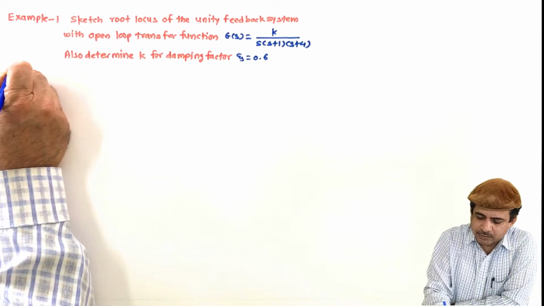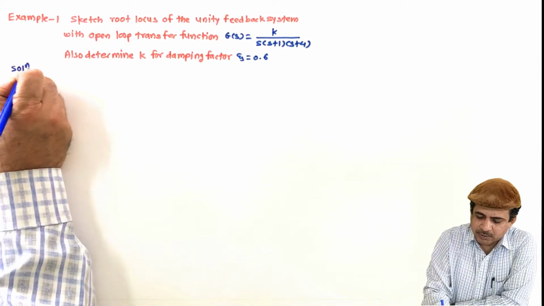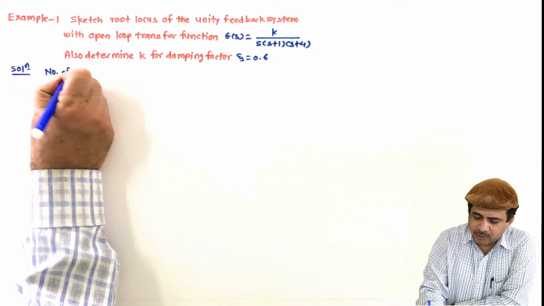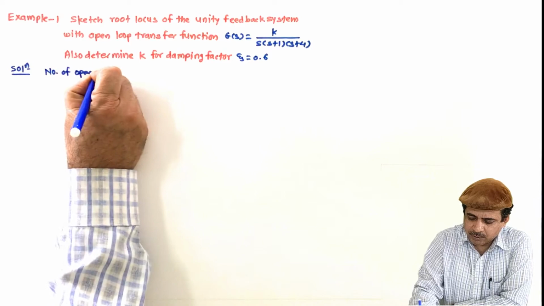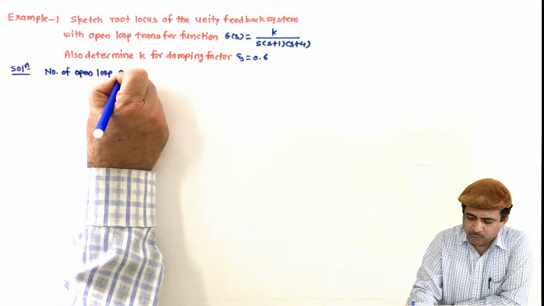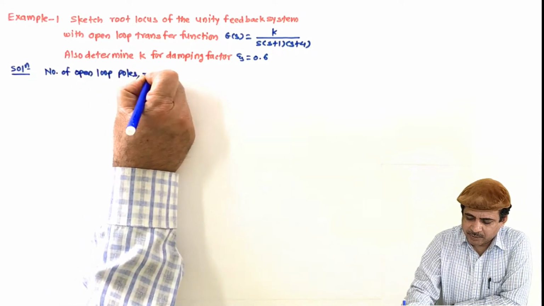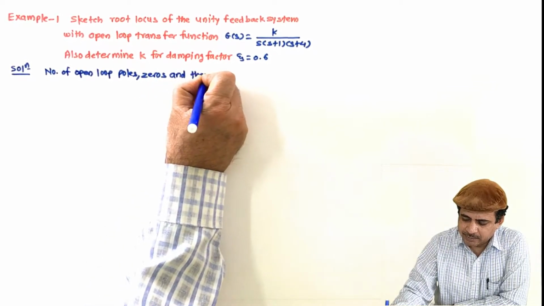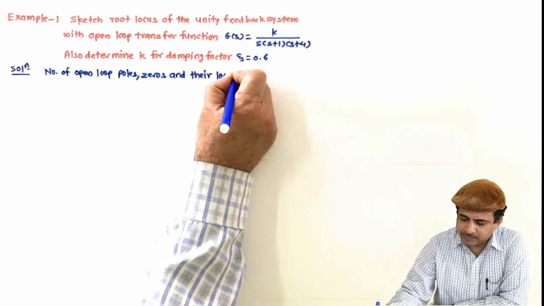So, the first step is the number of open loop poles, zeros and their locations.